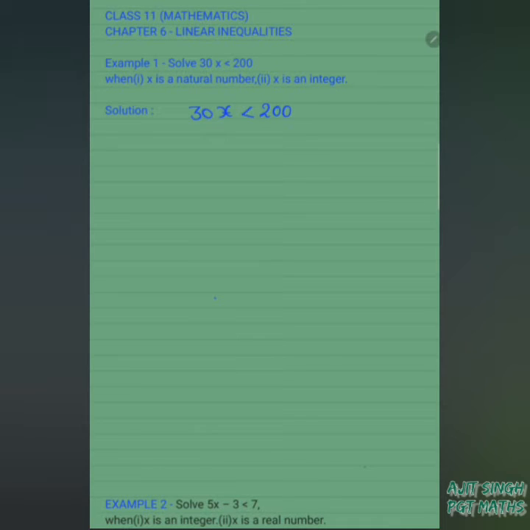Now as per rule 2, what is rule 2? Both sides of an inequality can be multiplied or divided by the same positive number. So here when we are given to find the value of x, the coefficient of x is 30, we should eliminate 30. So divide both sides by 30.